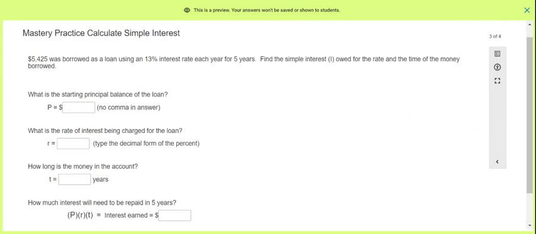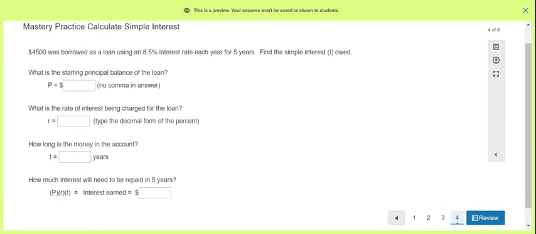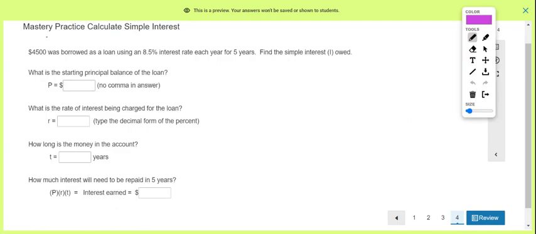All right, that's problem number 3. Go to the last one. We're still focusing on this process. First, what is the principal amount that went into the account? What is the rate? And then change that to a decimal.